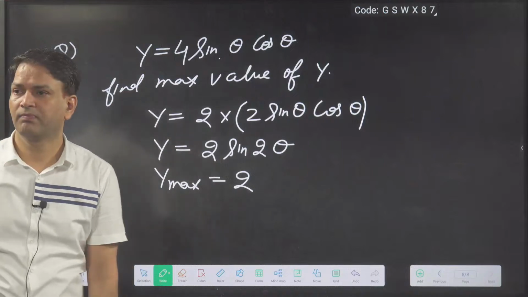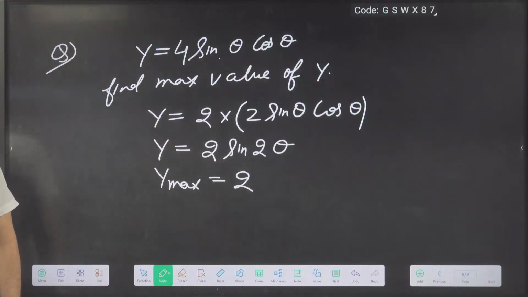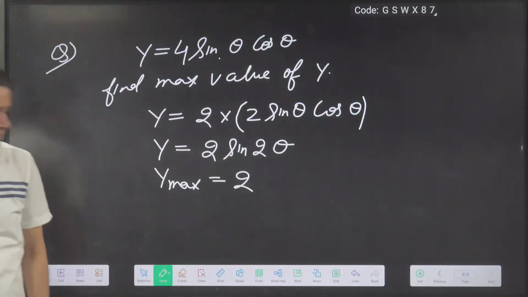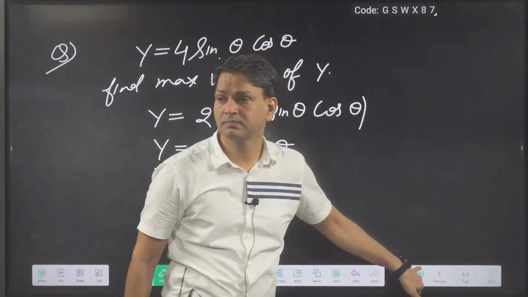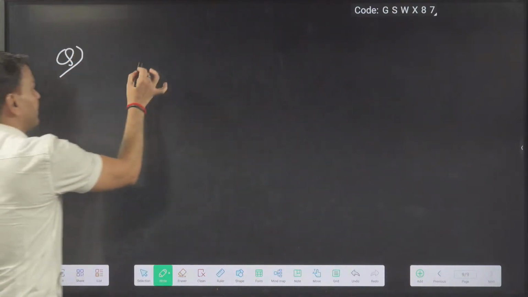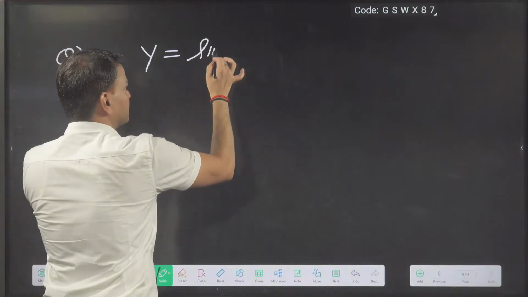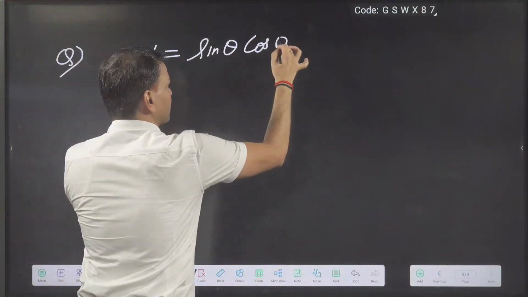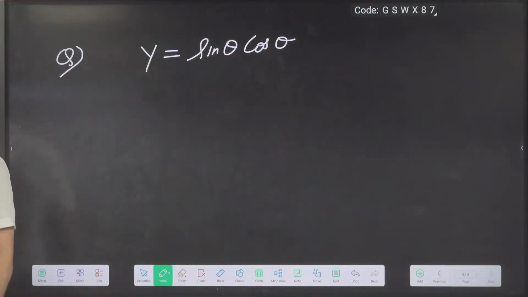Okay? Are they say yes or no? The next answer you will say. What is the maximum value? Y is equal to sine theta into cos theta. What is the maximum value of y?